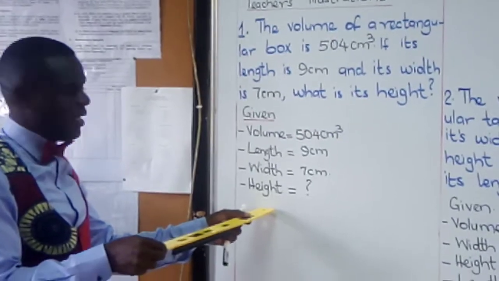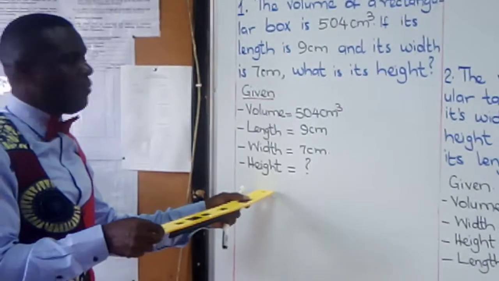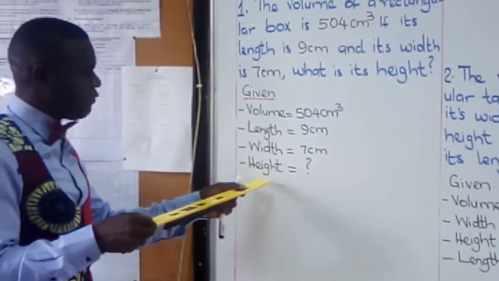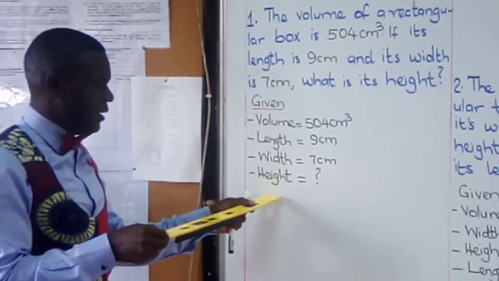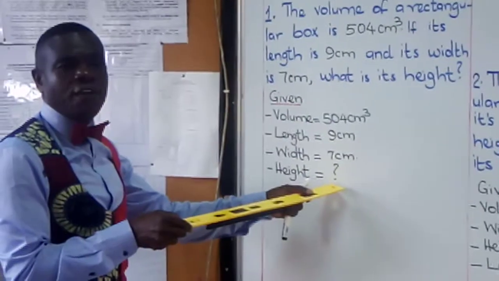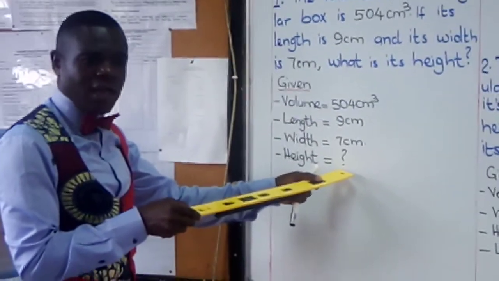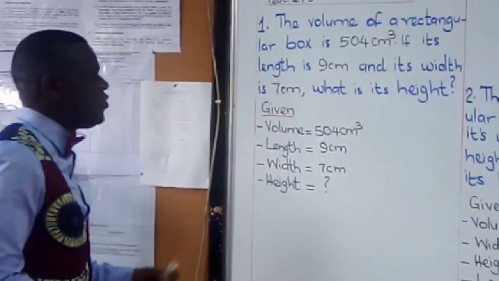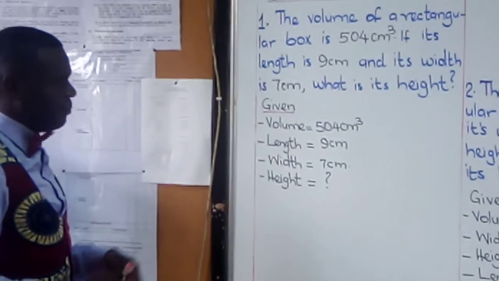Boys and girls, we are used to finding volume, but here we are not finding volume. We are going to find the height. I hope you do understand that. And that's why I have put a question mark against the height.